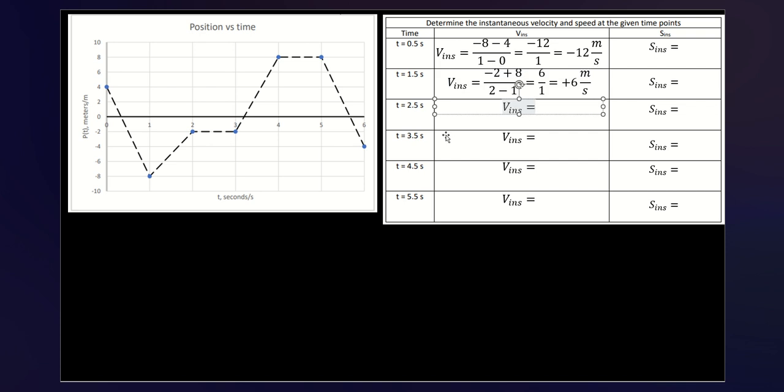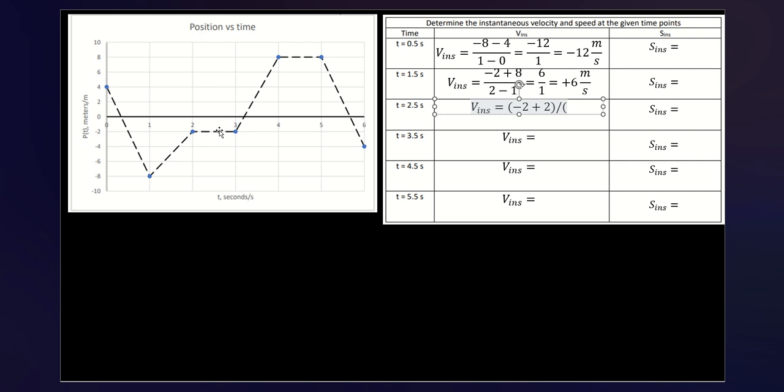Looking at the instantaneous velocity at time 2.5 seconds, well, if we look at our graph on the time axis, 2.5, we're actually touching this linear line right here. So to calculate the slope, we have a y value of negative 2, a y value of negative 2. So negative 2 minus negative 2 just becomes negative 2 plus 2.